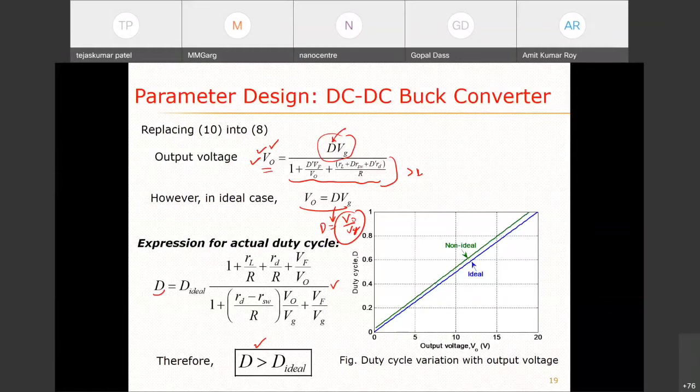So we did that, and from that, this duty cycle comes out to be this one. And this expression shows that the duty cycle D in this case should be more, and that's fine too. So the duty cycle in the non-ideal case should be greater than the ideal D. Why is it required? Because due to these non-idealities, there are voltage drops across these non-ideal elements, right?